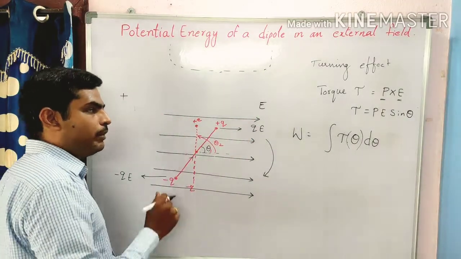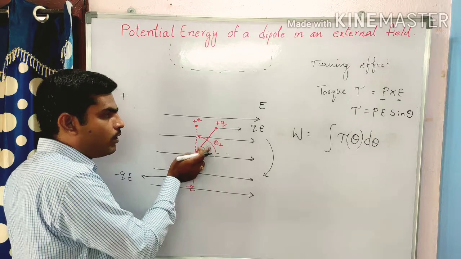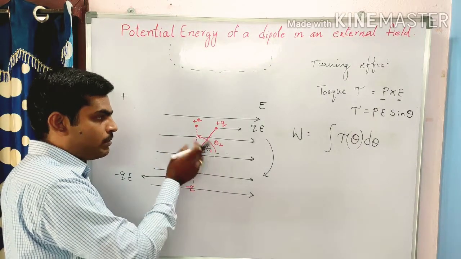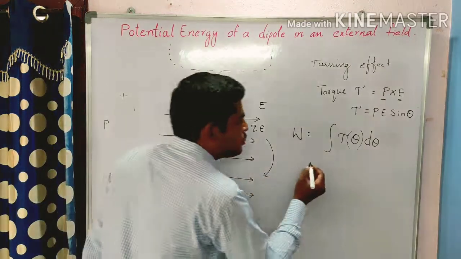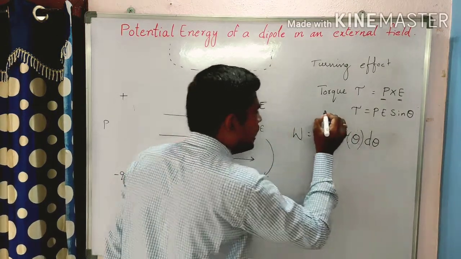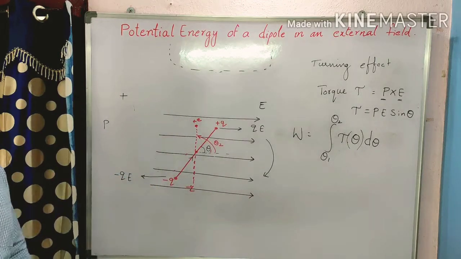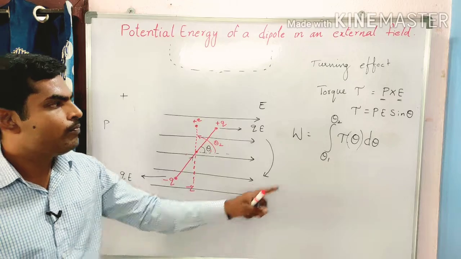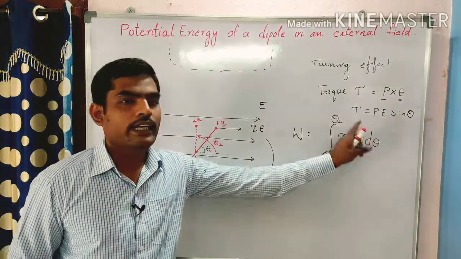What is the limit now? From theta 1 to theta 2. Forces are variable now, so your displacement is variable, theta 1 to theta 2. So W is equal to integration from theta 1 to theta 2, tau d theta.